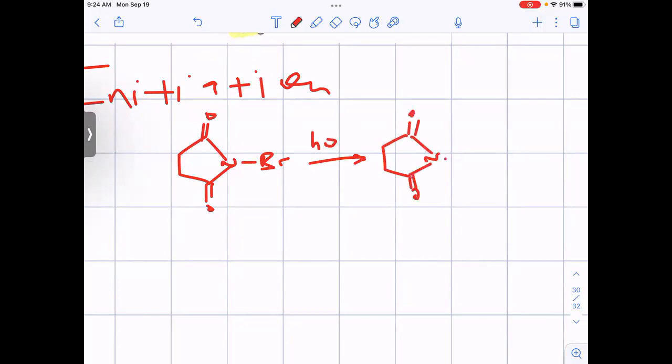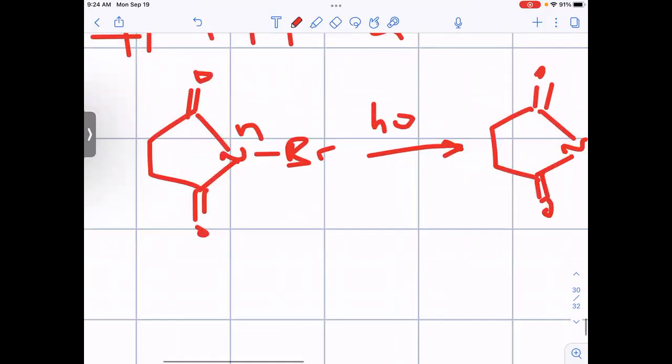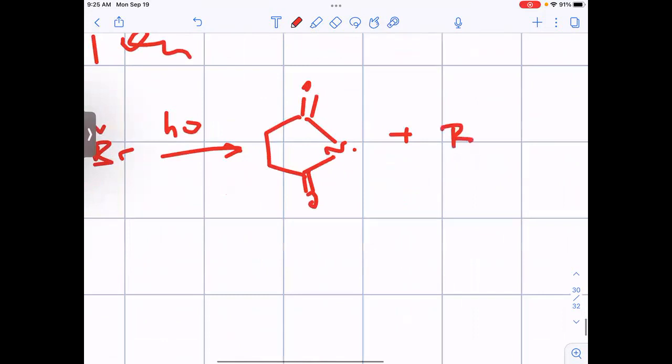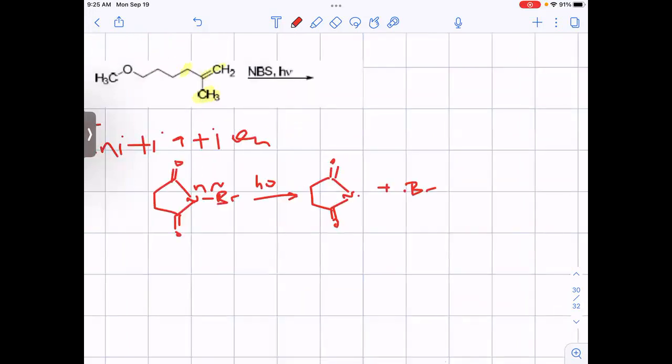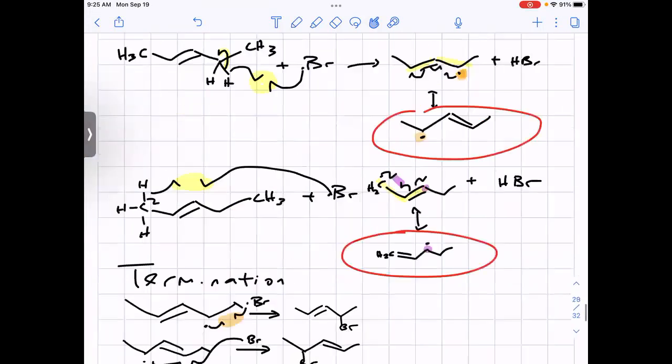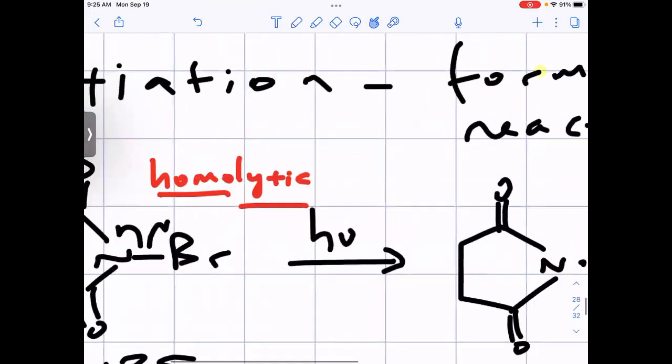What type of cleavage is that again? When I break the bond and give one electron to each atom in the bond? Anybody remember that? On Friday, we discussed that is homolytic.